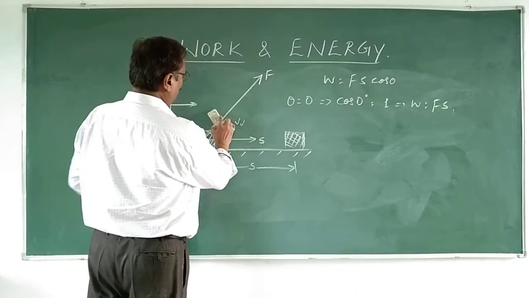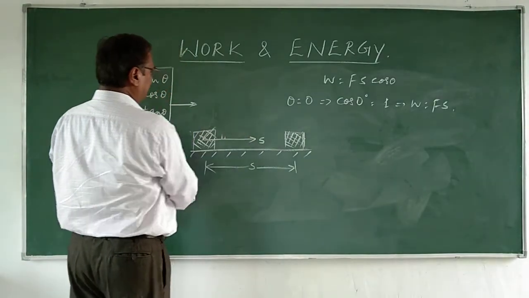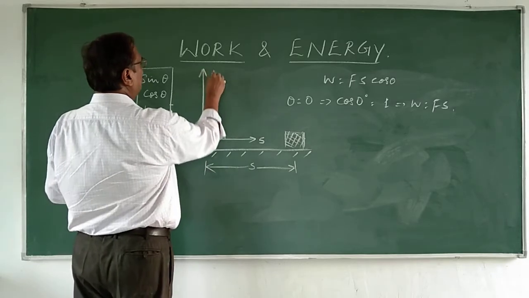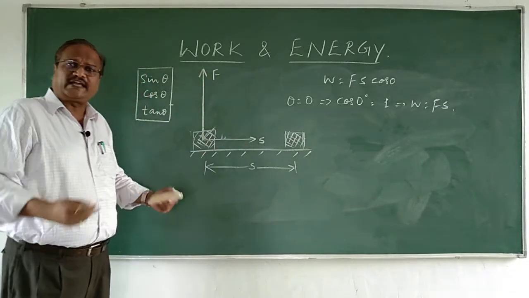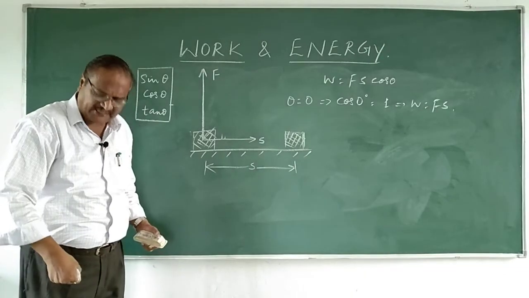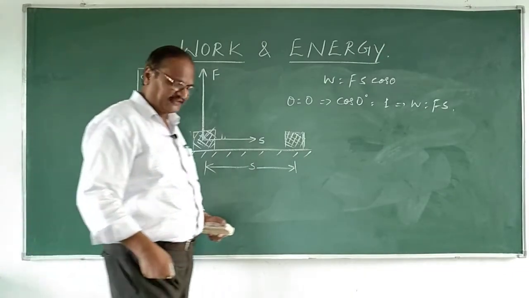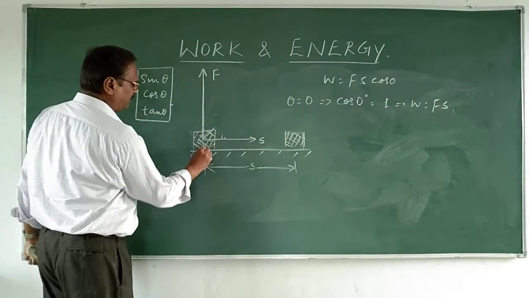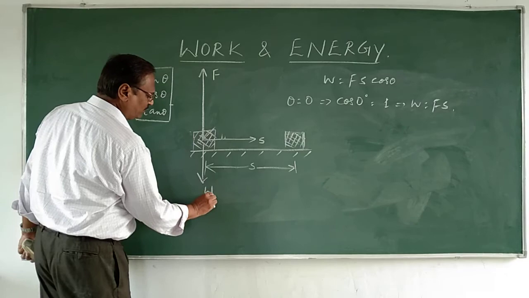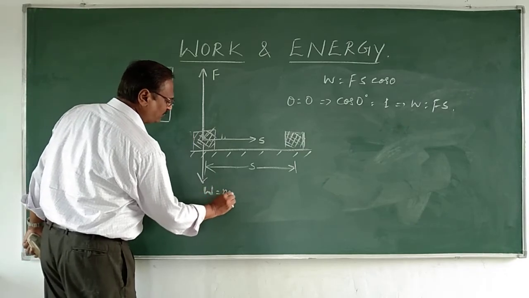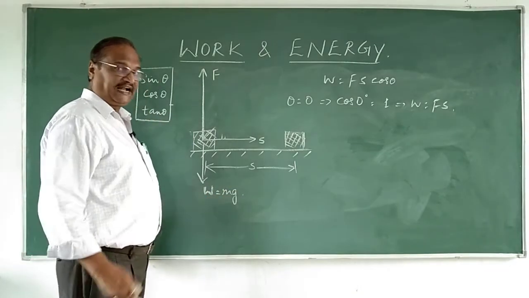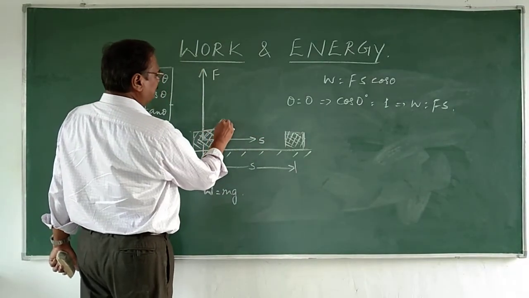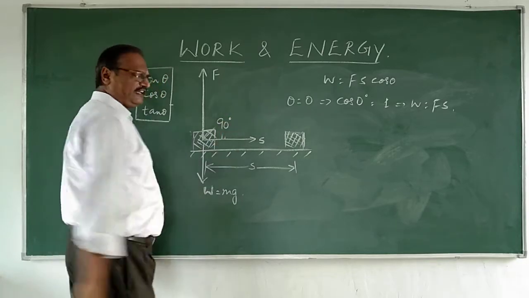Suppose I take a body and the force is perpendicular. Now how can it happen? For example, I take a bucket of water and I walk like this, carrying a bucket of water. Water has weight, that means it will act in the downward direction. W is equal to mass into gravity, mg, and the displacement is in the horizontal direction, which implies that the angle is 90 degree.